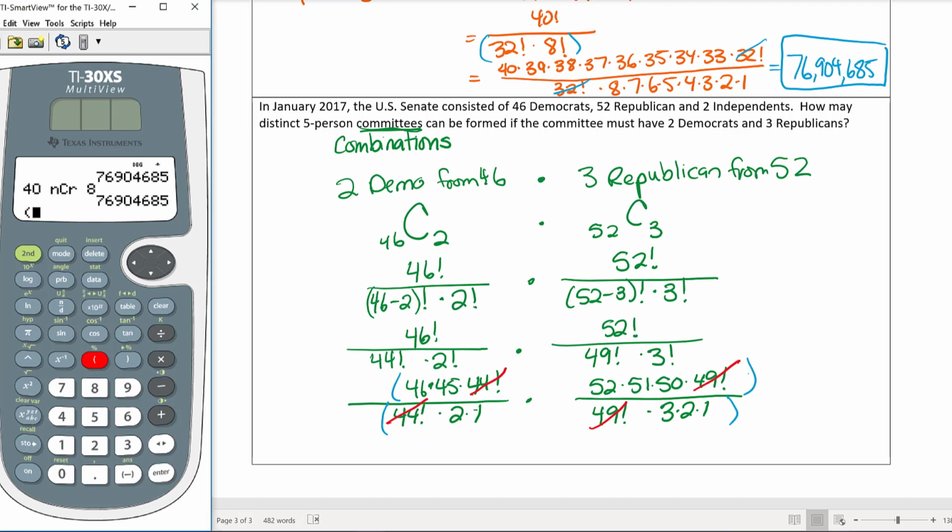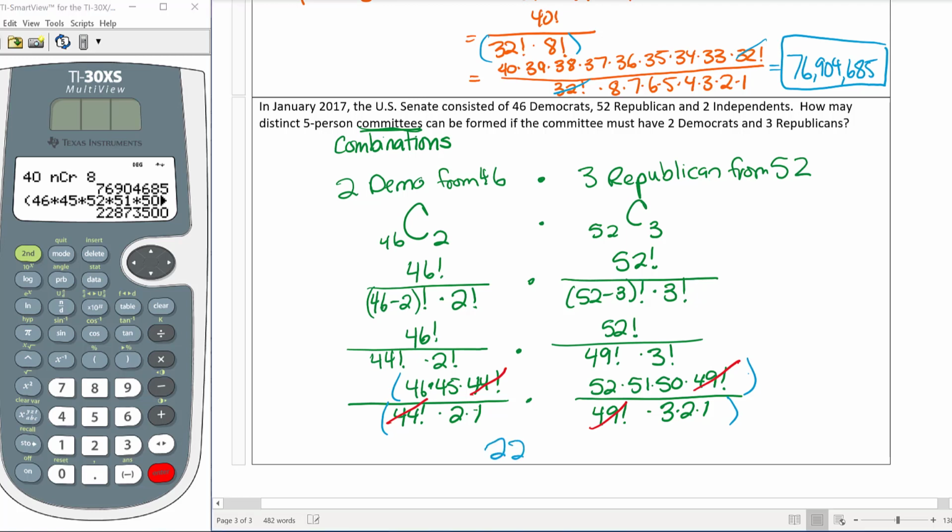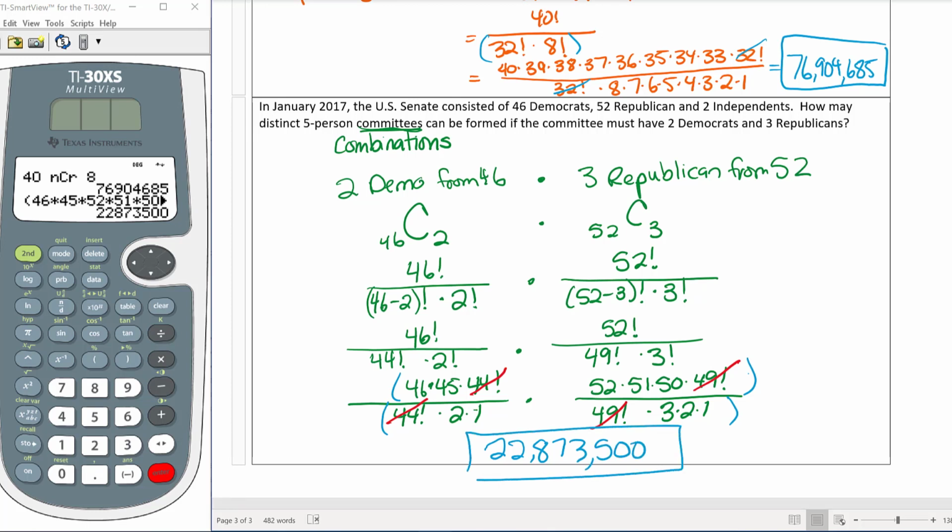So if you didn't have any factorial buttons on your calculator, you'd do it the long way. 46 times 45 times 52 times 51 times 50, close that parentheses, divided by, open a new parentheses for the denominator, 2 times 1 times 3 times 2 times 1, close that parentheses, and that gets you 22,873,500. These are the total number of ways you could pick a 5-person committee, with the requirement that you have to have 2 Democrats and 3 Republicans.